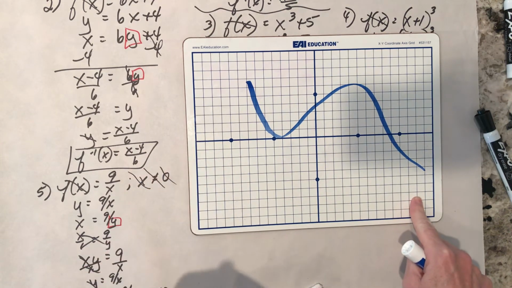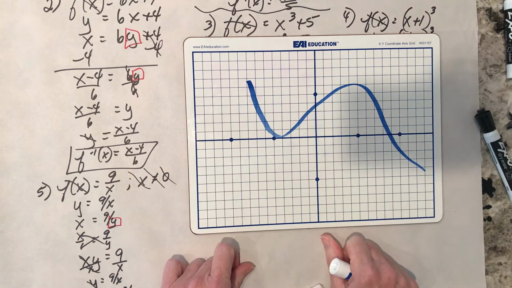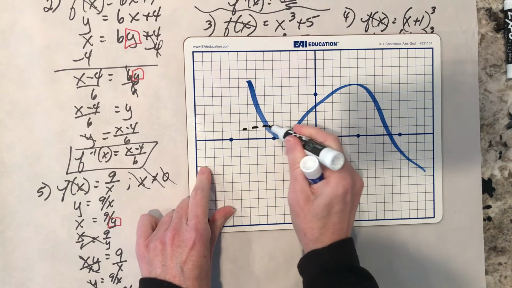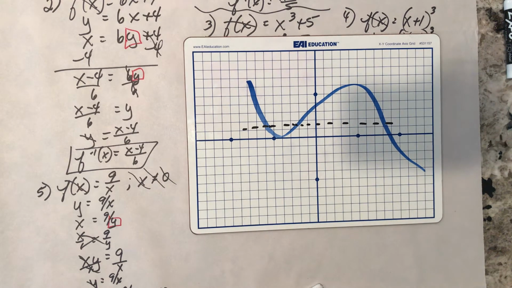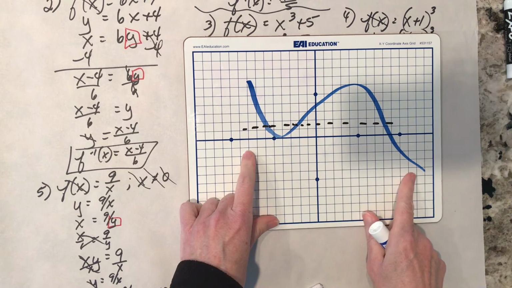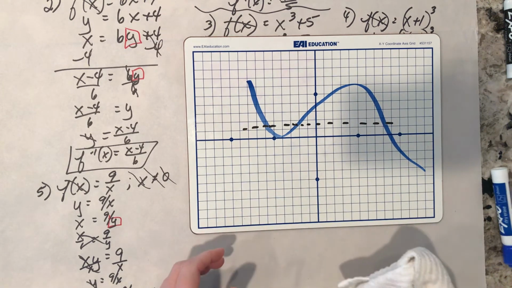And that means, does it pass the horizontal line test? And this will not pass the horizontal line test. This horizontal line, beep, that's okay, beep, that's not okay, beep again. So this flunks the horizontal line test, so this does not have an inverse. If we had the equation for this graph, we would not be able to create an inverse for it.